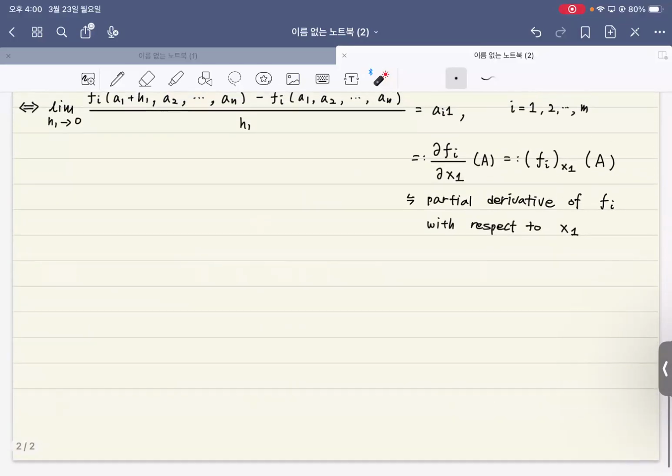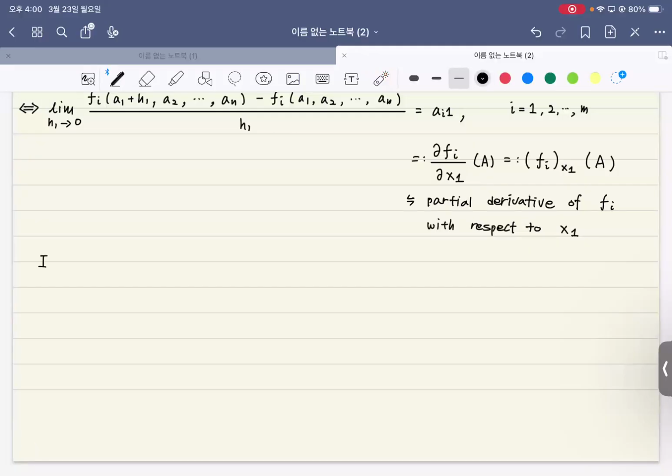So generally speaking, any random component of the matrix L is the partial derivative of i's component with respect to x, evaluated at the point. Then this is going to be the entry of the matrix.